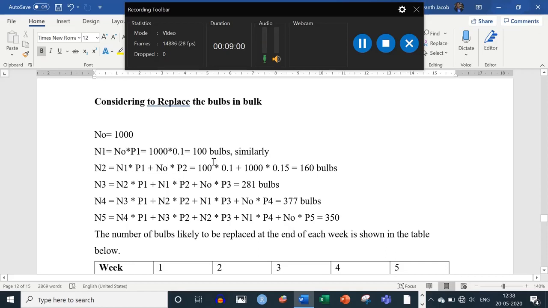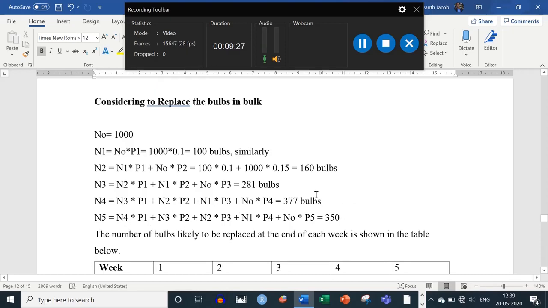So likewise, we calculate the number of bulbs that fail at the end of the third week, fourth week, and fifth week. So you find 100 bulbs at the end of the first week, another 160 bulbs in the second week, 281 bulbs in the third week. In the fourth week, we have 377 bulbs failing, and in the fifth week, we have 350 bulbs failing.